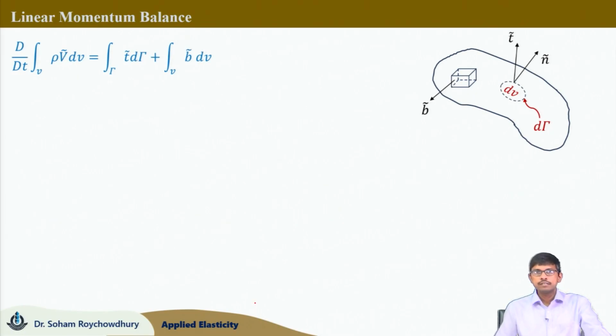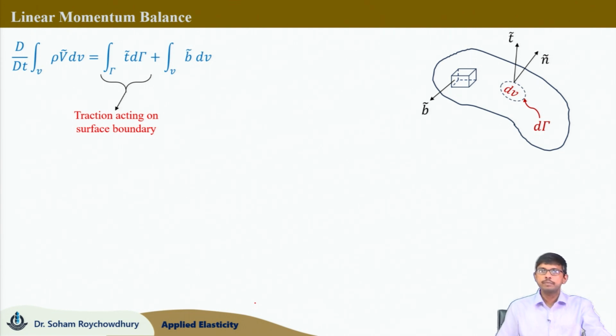So, this first term, T d gamma, is the total work done by the surface traction forces acting on the boundary surface gamma, whereas the second term, the integral of B dV, is the total work done by the body forces, which is spanned over the entire material volume. So, these are the two external forces acting on the system.